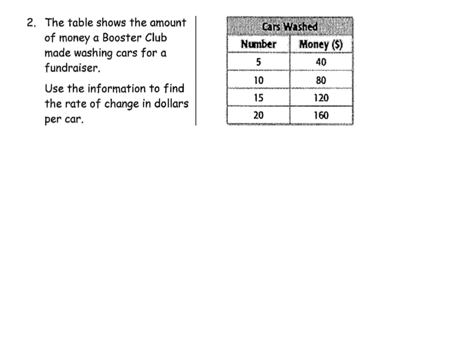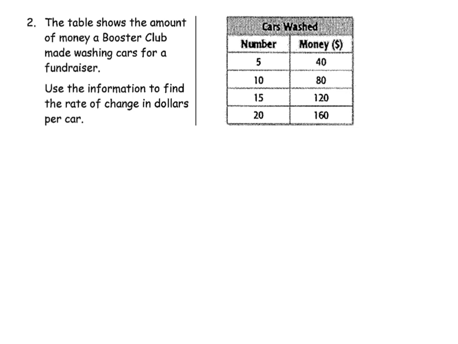Okay, number 2. The table shows the amount of money a booster club made washing cars for a fundraiser. Use the information to find the rate of change in dollars per car. Okay, so this club has a fundraiser, and the kids all started before a parent got there, okay? So they didn't know how much they were supposed to charge, so they just started accepting whatever money the people were giving them.